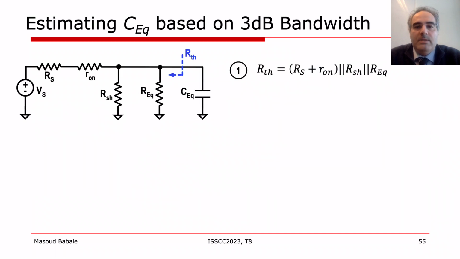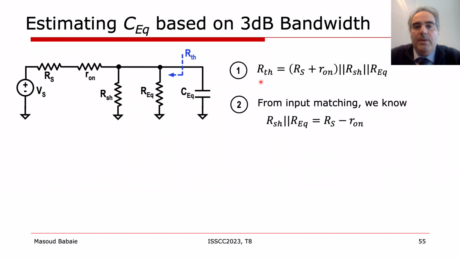Now I want to estimate the equivalent capacitor C_EQ based on the receiver's 3 dB bandwidth. To do so, I need to calculate the Thevenin resistance seen by the equivalent capacitor, which is equal to the parallel combination of R equivalent, R_SH, and Rs plus R-on. On the other hand, from the input matching requirement, we know that R_SH in parallel with R equivalent is equal to Rs minus R-on.